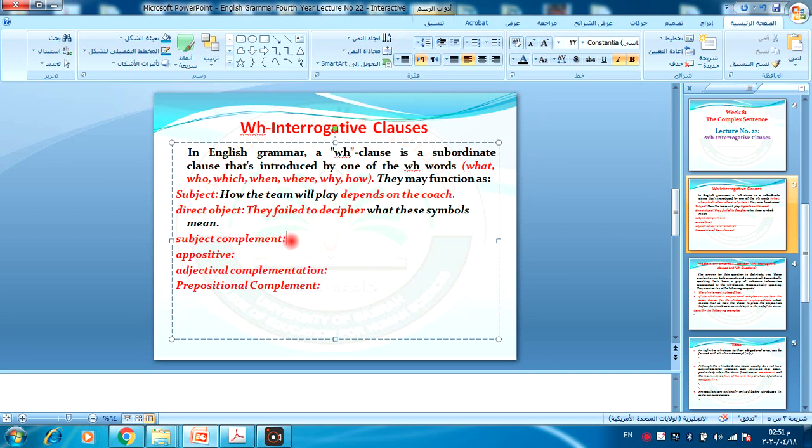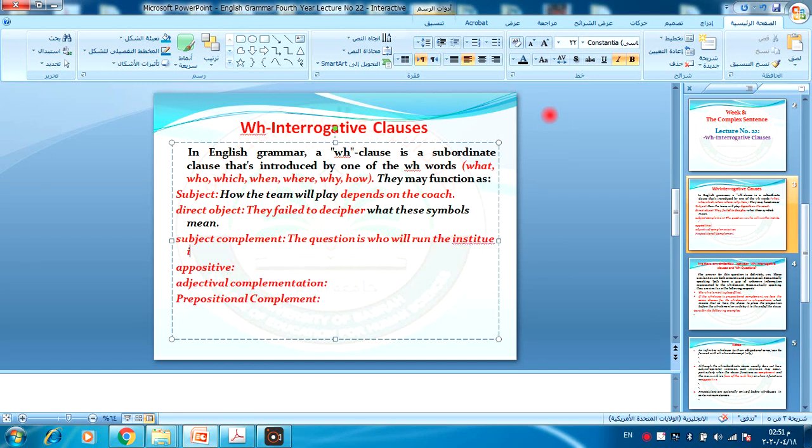They can function as a subject complement as well. So when we say, for example, the question is who will run the institute in his absence.